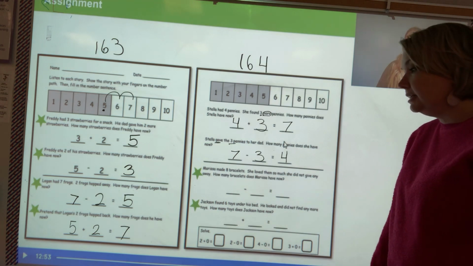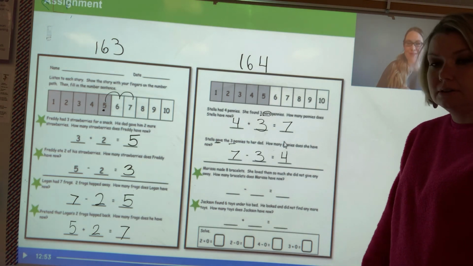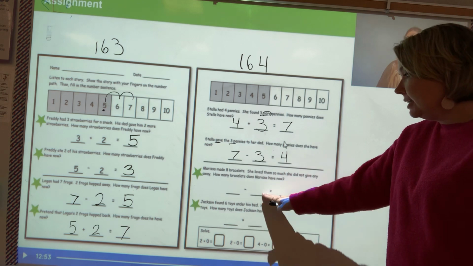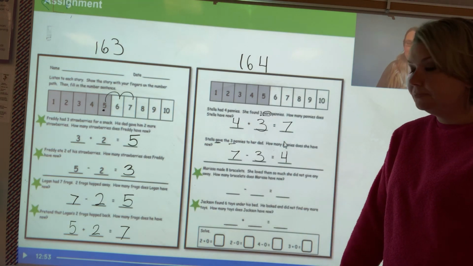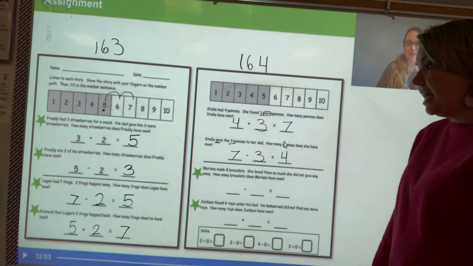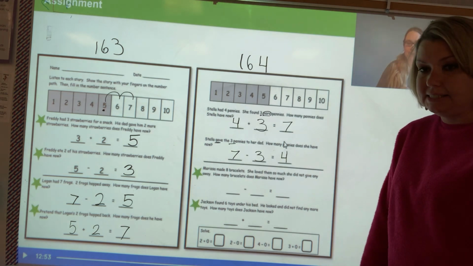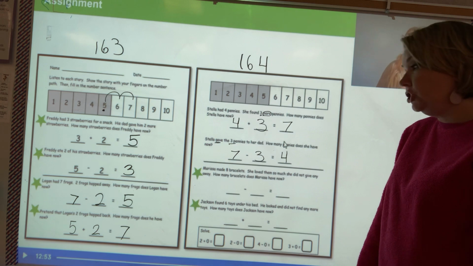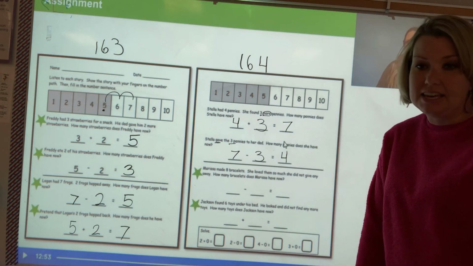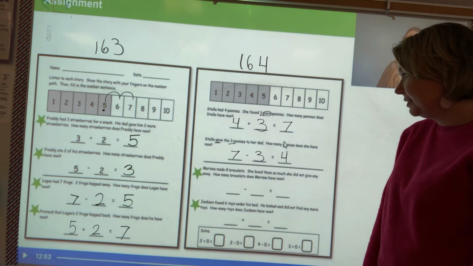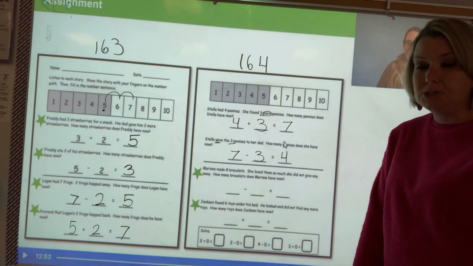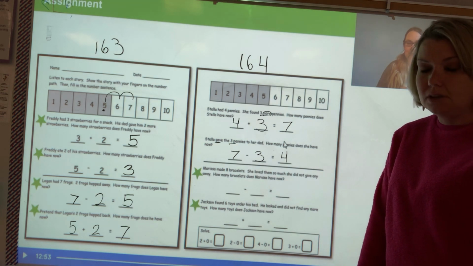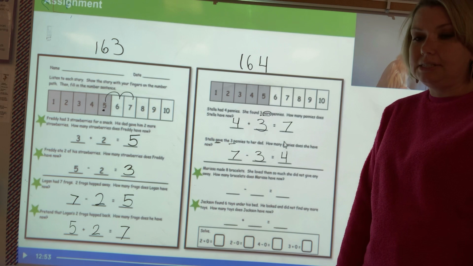How many bracelets does Marissa have now? Write it in a number sentence.